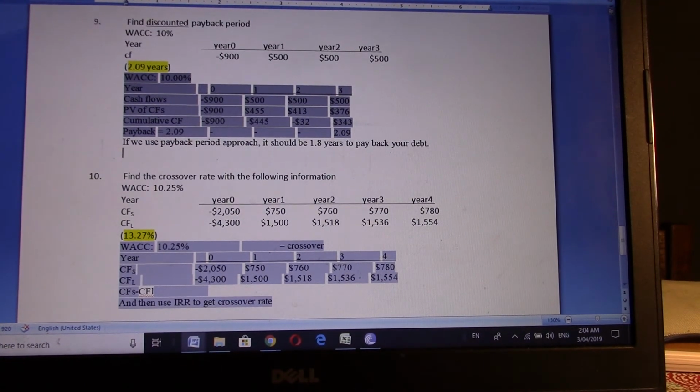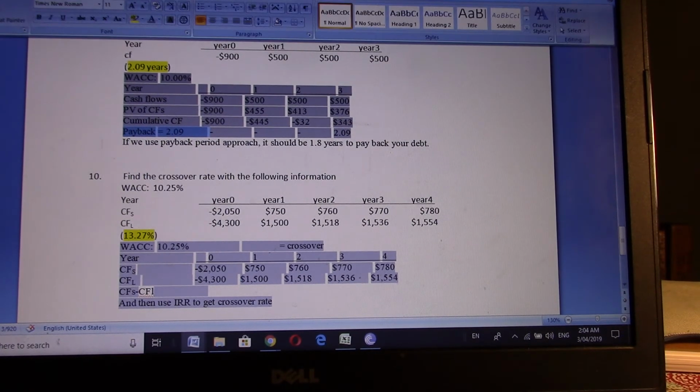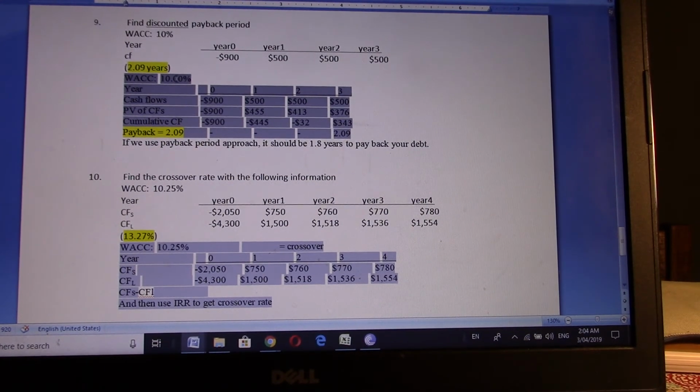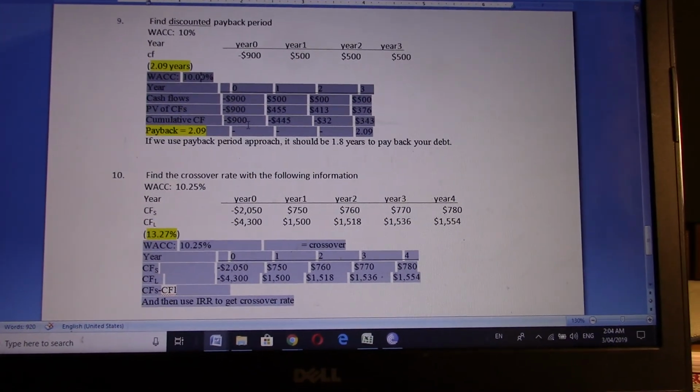But for the discounted payback period, the answer is 2.09, because we're discounting all the cash flows we receive in the future years at 10%, and then thinking about how long it takes to pay back the debt completely.